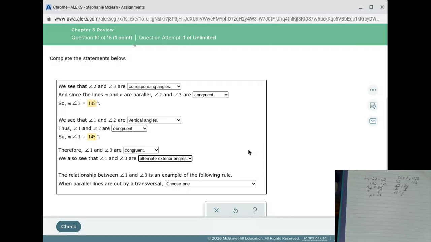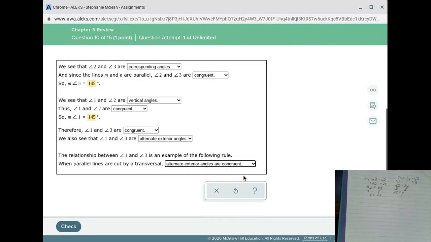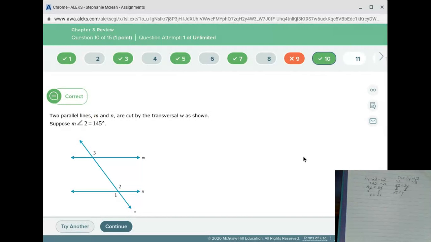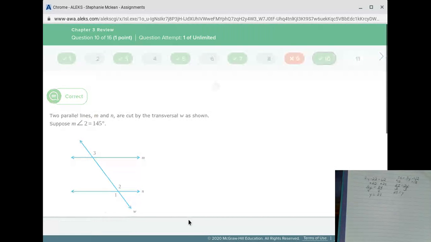The relationship between angle 1 and angle 3 is an example of the following rule: when parallel lines are cut by a transversal, alternate exterior angles are congruent. So let's go ahead and move on.